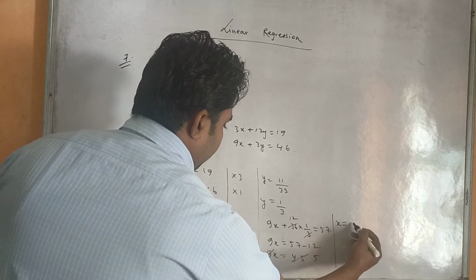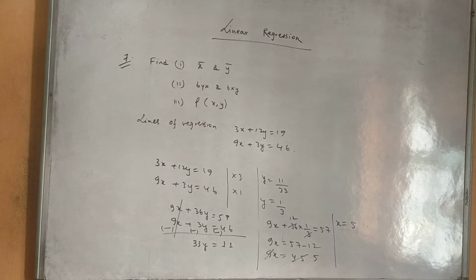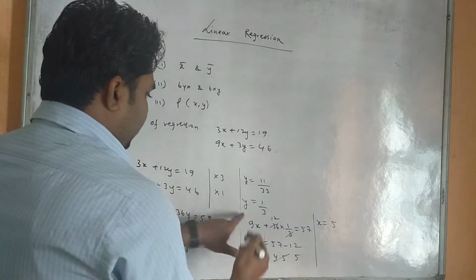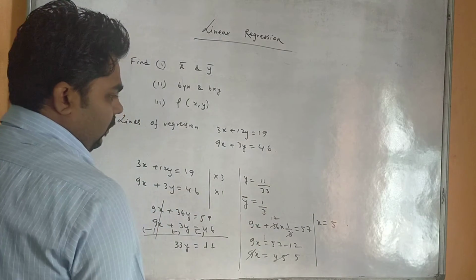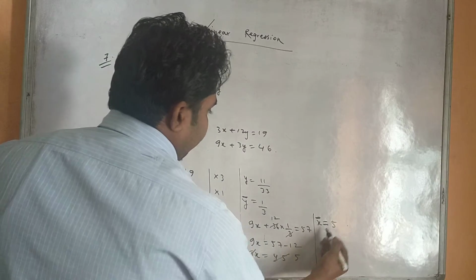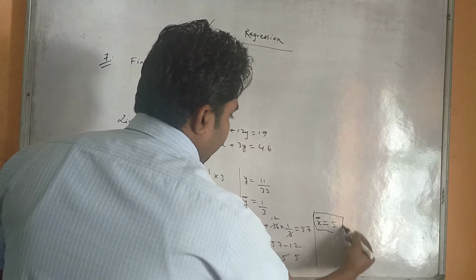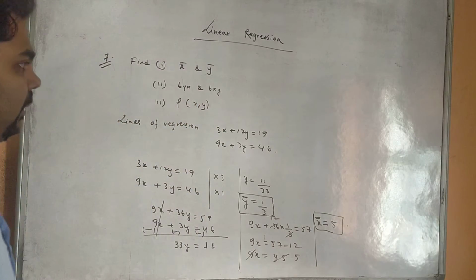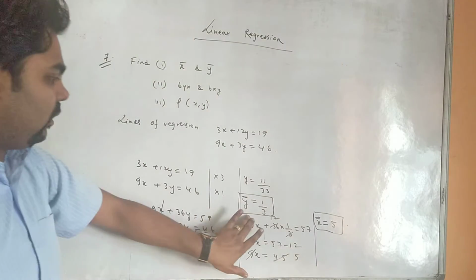So therefore the x value we are getting here is 5. So whatever value we got for y, that is our y mean, and whatever value we got for x, that is our x mean. Okay, that is x bar. X bar is 5 and y bar is 1 by 3. Okay, so the first answers we got are 1 by 3 and 5.